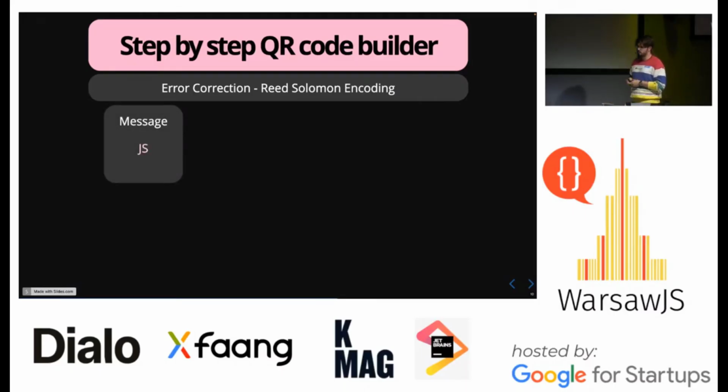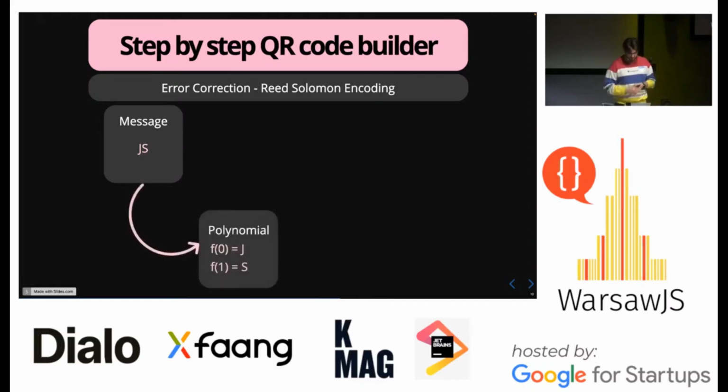First, we have our message, which is JS. Then we create the polynomial, and here is the drawing. For example, we have such a function, and I know that 0 is not here, but for the presentation I will put it here. And we have the word S, and based on these two values, we create the polynomial.